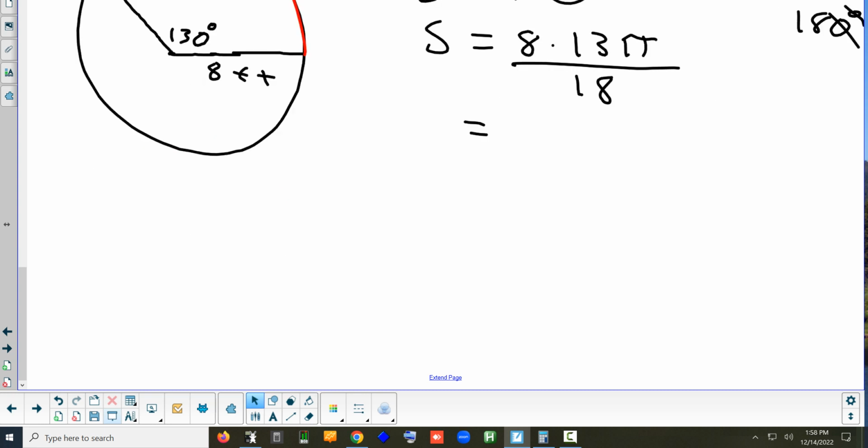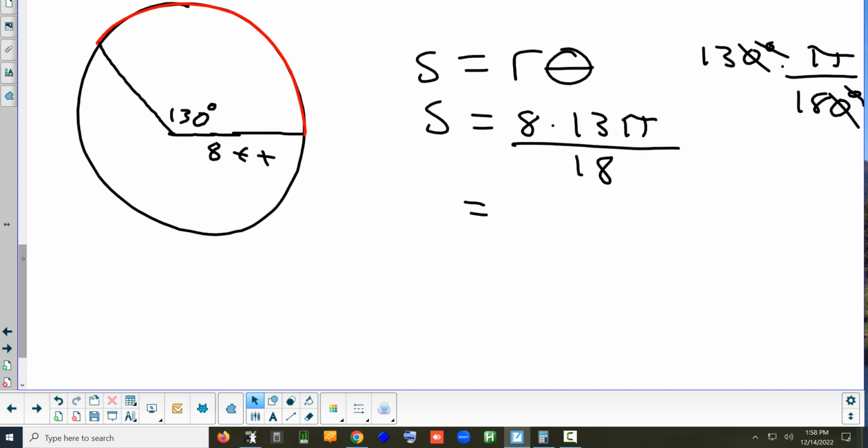Okay. And what I try to do is simplify anything I can. 8 and 18 will reduce. Curtis, what goes into both 8 and 18? Two? How many times does 2 go into 8?